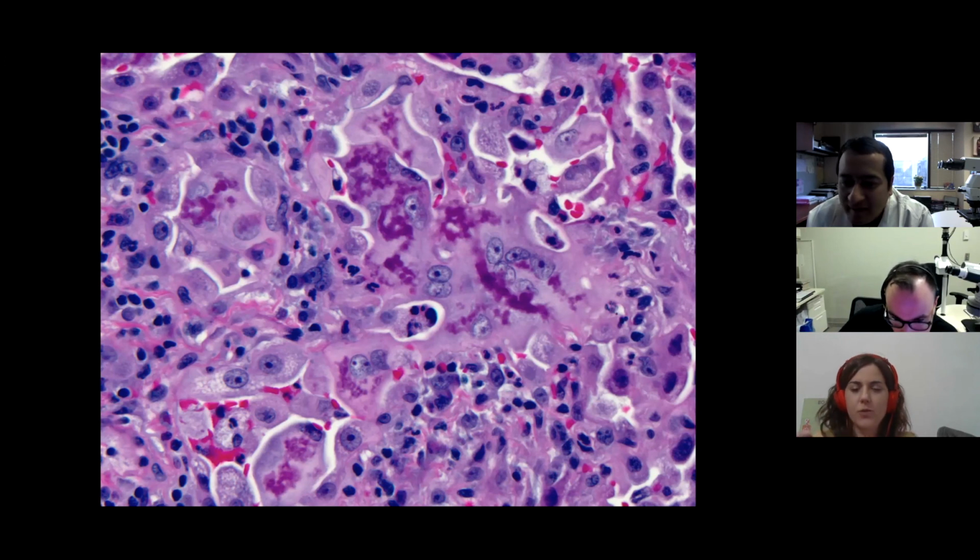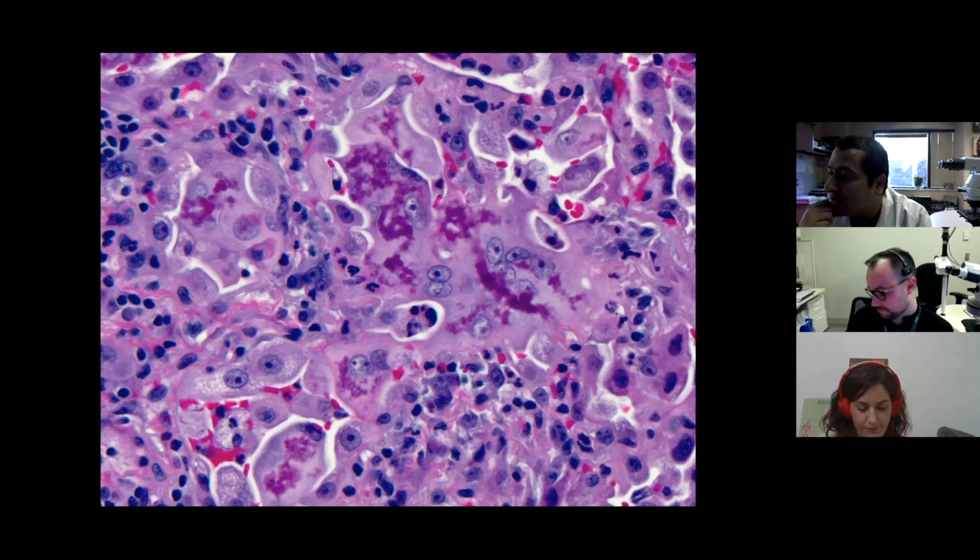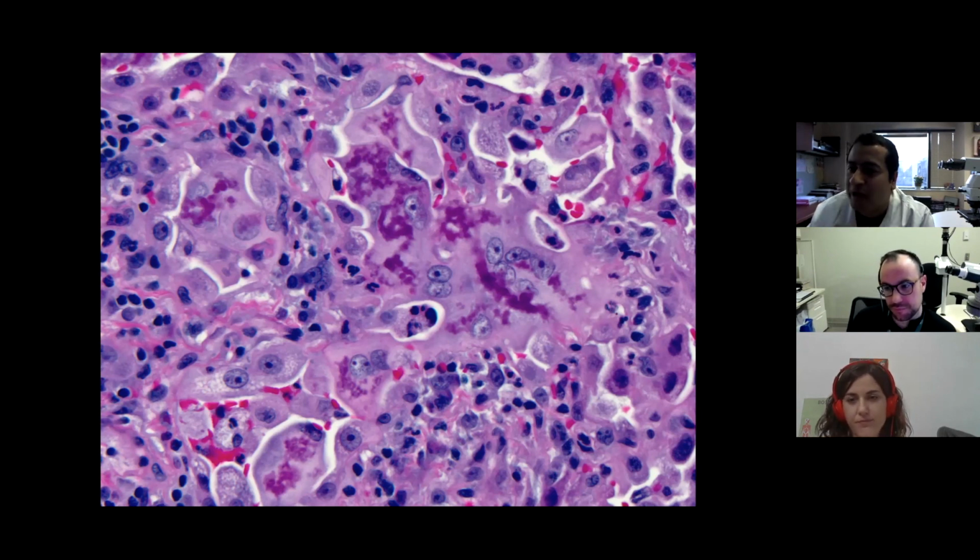Some places it's written that it has been associated with UIP. Can be seen in UIP too, especially if there's superimposed acute lung injury. But the most common setting is DAD, and this material is ubiquitin intermediate, like in the liver. Mallory hyalin or Mallory-Denk, I think some people call it.